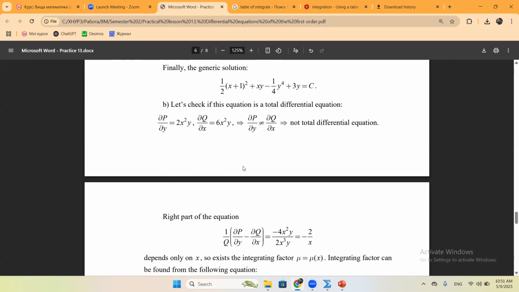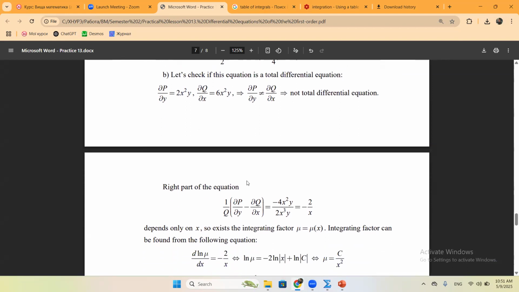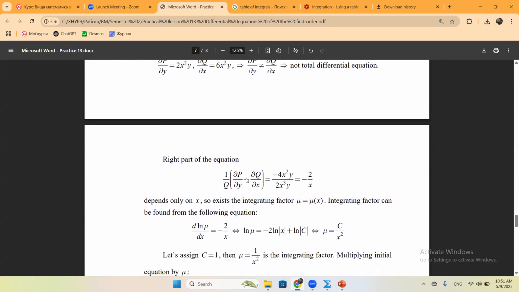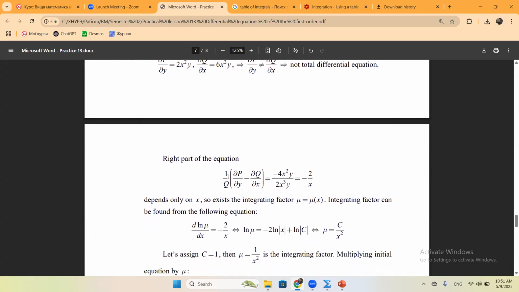Integrating factor is a function that transforms the initial equation into a total differential equation. So how to find it? We need first of all to calculate such expression: subtract dP by dy from dQ by dx and divide by Q. So we received such expression.